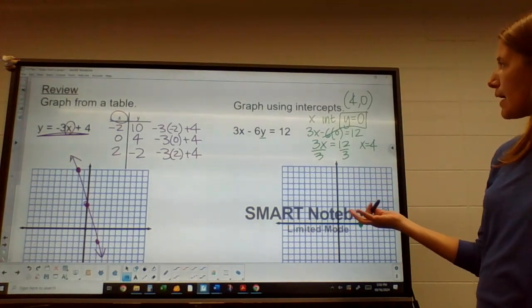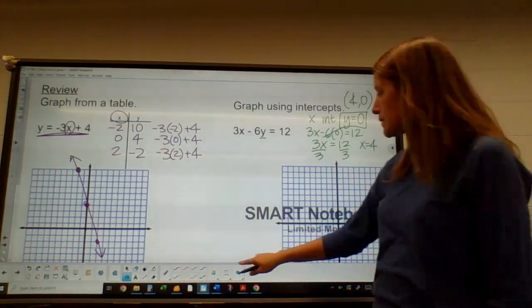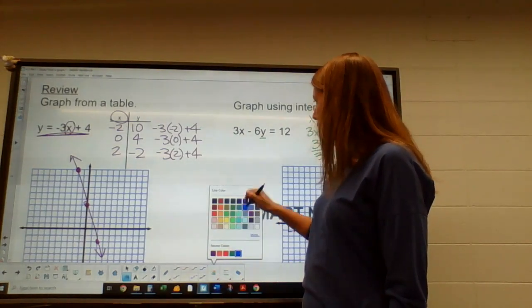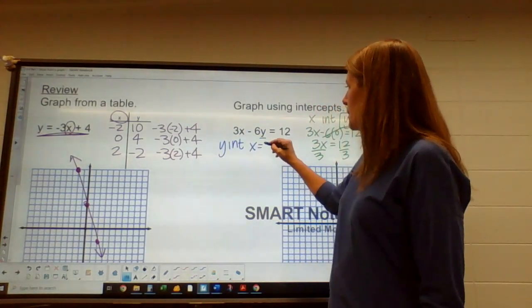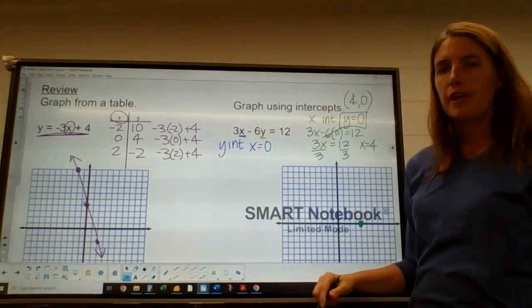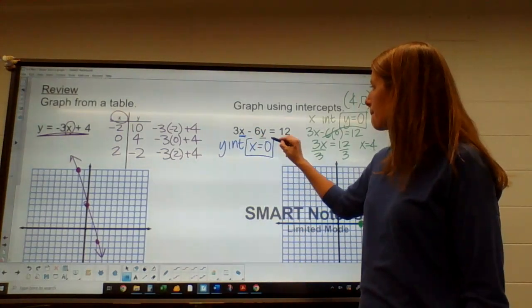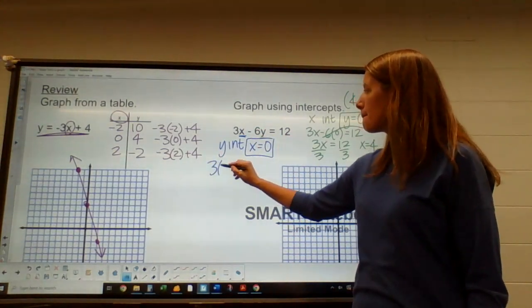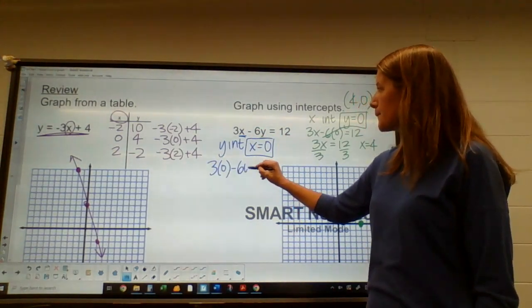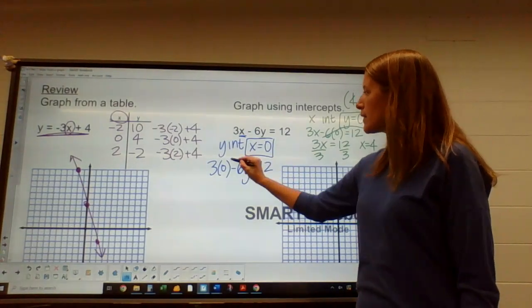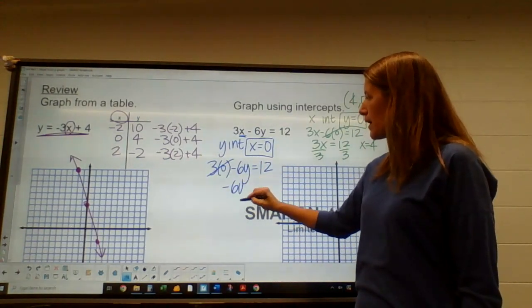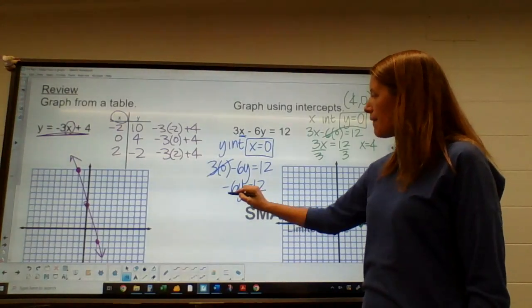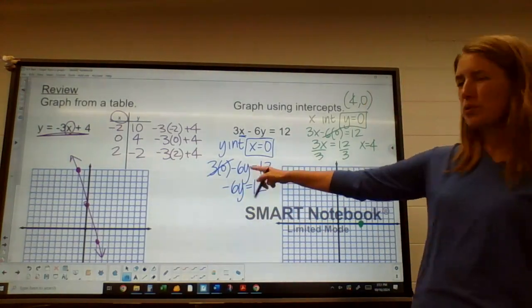Then I'm going to find my y-intercept. So my y-intercept is where x is 0. So now I'm going to put the 0 in for the x. Now again, this cancels. So I'm left with negative 6y equals 12. And then I need to solve this, but don't lose that negative.